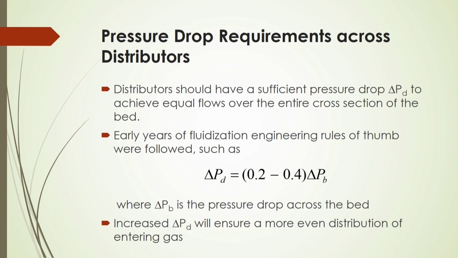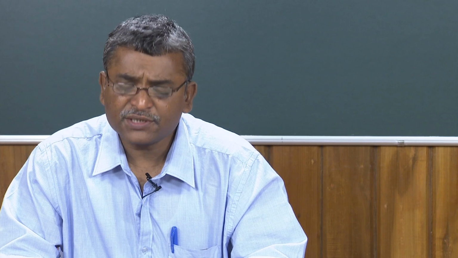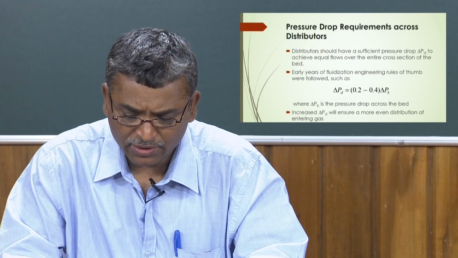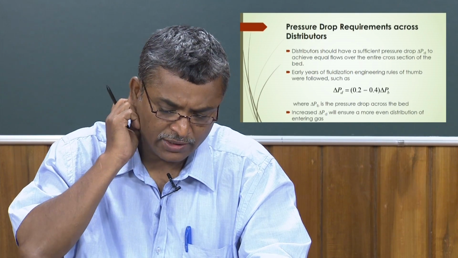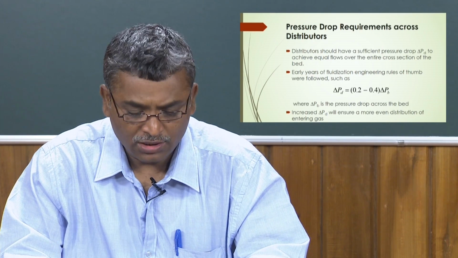Now, what should be the pressure drop requirements across the distributor to get uniform distribution of the gas? For design of this distributor, of course, you have to know the pressure drop requirements. A sufficient pressure drop should be there to achieve equal flows over the entire cross section of the bed.